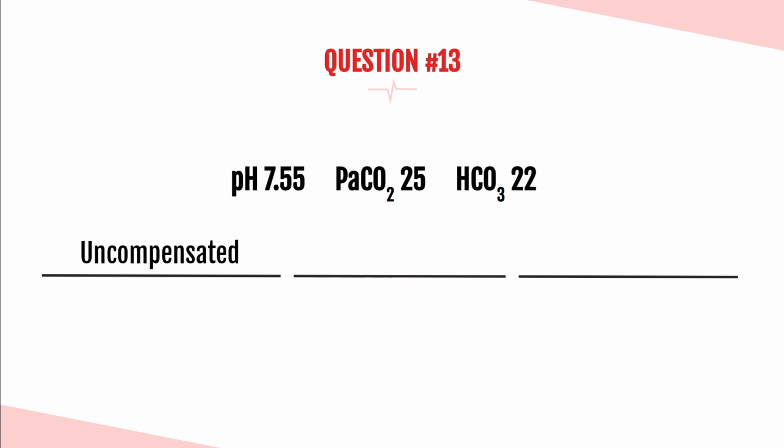How about our last name? We're looking at alkalosis here. And what is trending with alkalosis? It's our CO2. So that's going to be respiratory. Our bicarb is normal here, so our work is done.